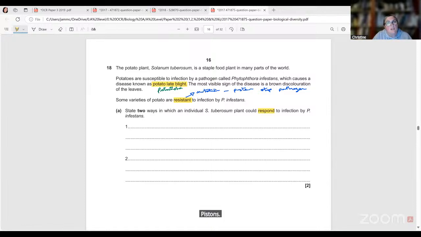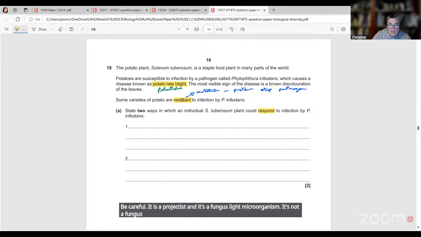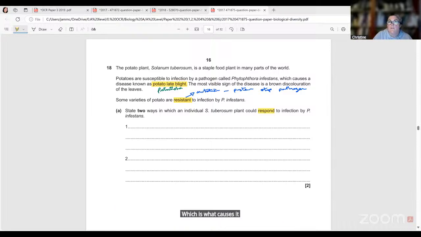Be careful. It is a protoctistin. It's a fungus-like microorganism. It's not a fungus. So it is a fungus-like infection, but it's actually a protoctistin which is what causes it. And it's one they have to know for their exam.